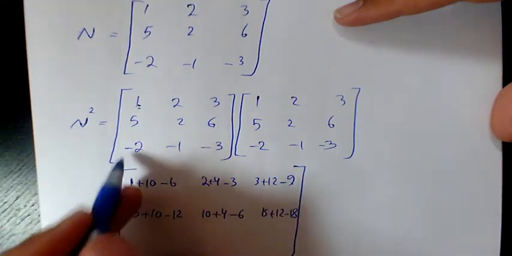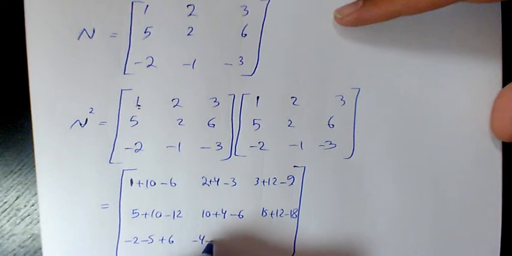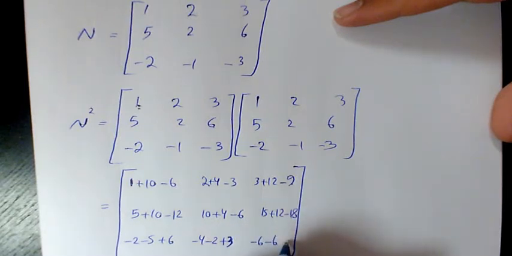Then negative 2, negative 5 plus 6; negative 4 minus 2 plus 3; and finally negative 6 minus 6 plus 9.